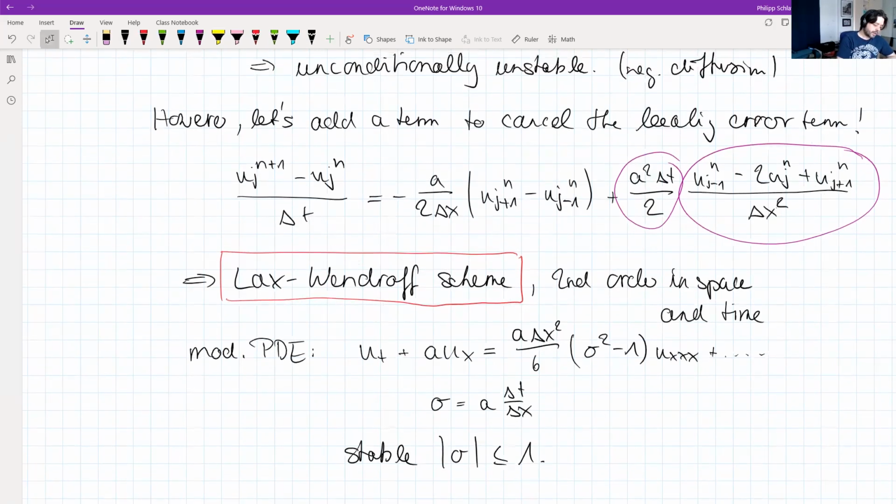Okay. So now this was a nice way of just arriving at a scheme of higher order. And the resulting scheme is actually quite an interesting scheme. Let's just analyze that for a second. So first of all, it is a higher order scheme. As you can see, the leading error term looks like this. So it's a delta x squared in there. So the leading error term is of second order, which makes the scheme of second order.